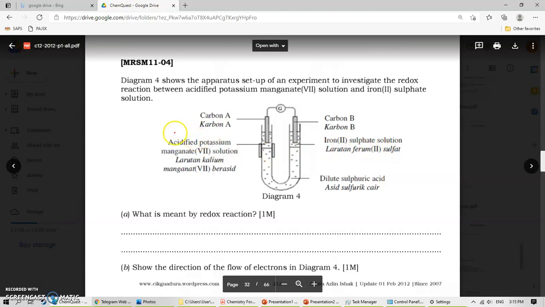So you should have memorized already all the oxidizing agents. If not, please look at your textbook, the KSSM Form 5 textbook, page 10. And you can see from there that acidified potassium manganate 7 solution is the oxidizing agent.